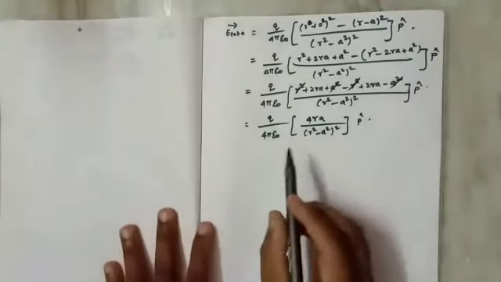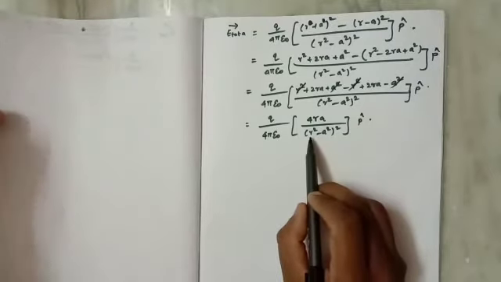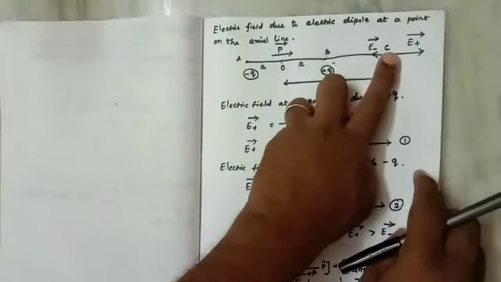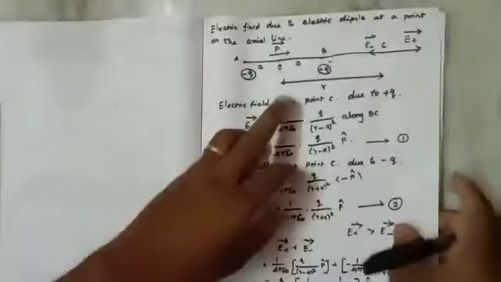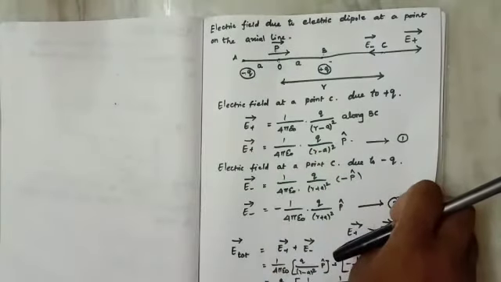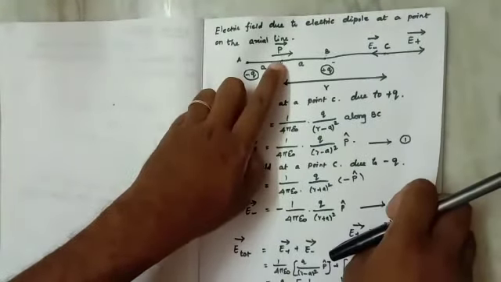Okay students, from this we know what R is. R is the distance of the point C from the midpoint of the electric dipole. And A is the distance of one charge from the midpoint of the dipole.